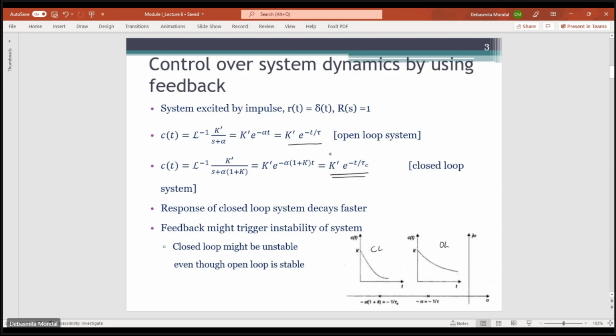In the second case, we are closing the loop using a feedback. The feedback has a value of H, and using this feedback we make this a closed loop system.